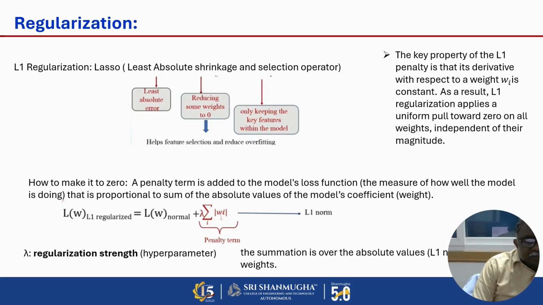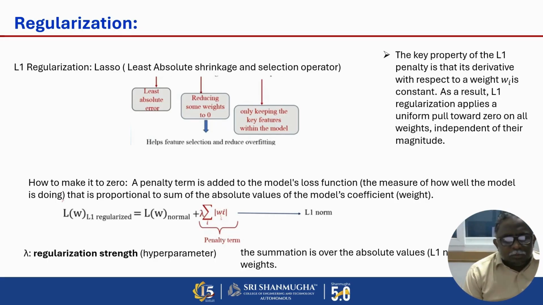As we have seen, there are four ways to do regularization, and the first one is L1 regularization, which is also called LASSO. LASSO is short for least absolute shrinkage and selection operator. What we are trying to do here is remove the unwanted features.